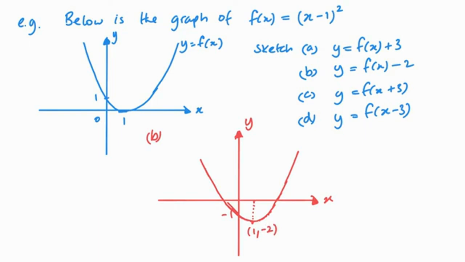Now, you can see that there are 2 points where it crosses the x-axis. I don't need to work these out for most of the types of questions that we do deal with, but I can do. So I'll just show you how to do that. So to do that, you would take your graph y equals, now f of x is x minus 1 squared, and then we're going to take away 2. So expand my brackets, that gives me x squared minus 2x plus 1 minus 2.